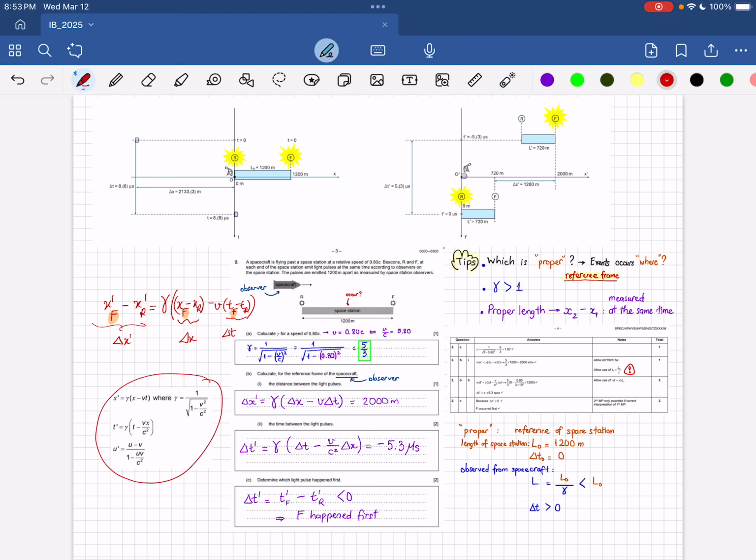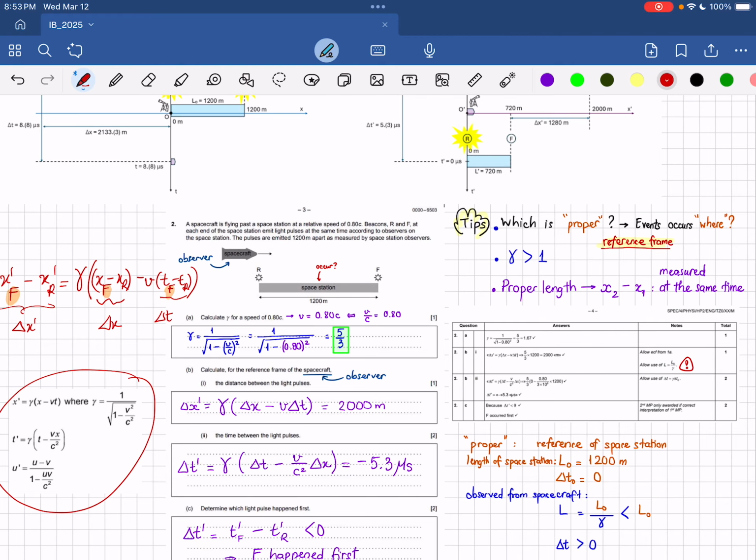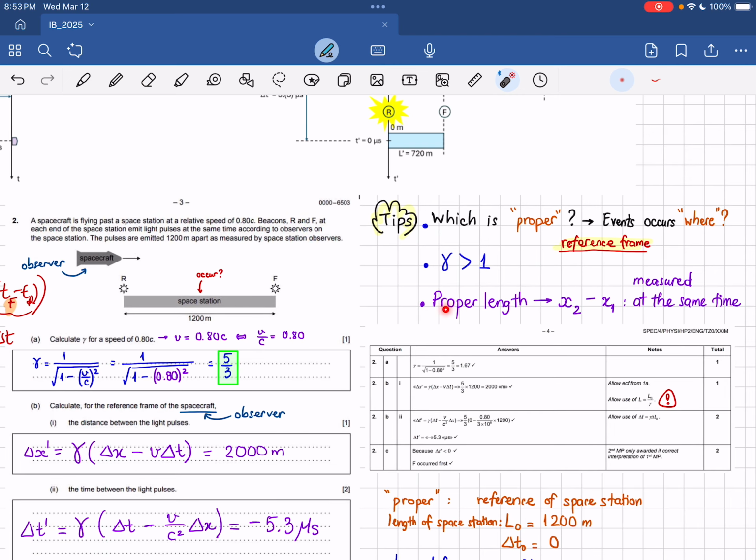Okay, that's the safest way to solve this kind of problem, because with length contraction and time dilation, you have to make sure that you can identify which is the proper one, okay? And when you work with the proper one, proper length especially, you have to make sure that it will be the difference in length between two positions, x2 and x1, but the values have to be measured at the same time.